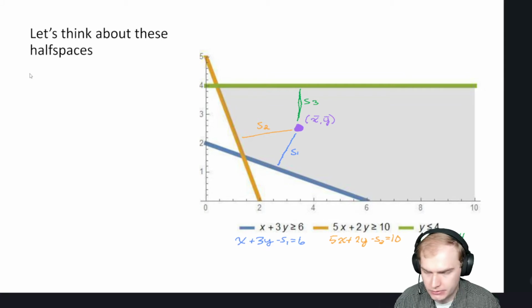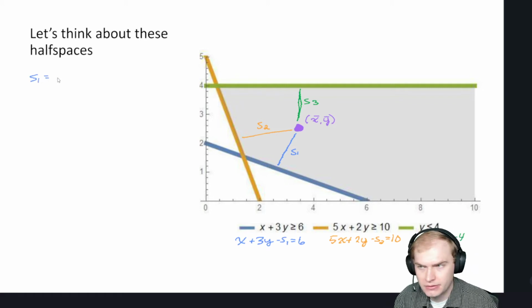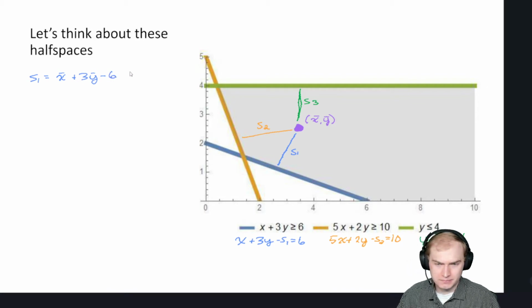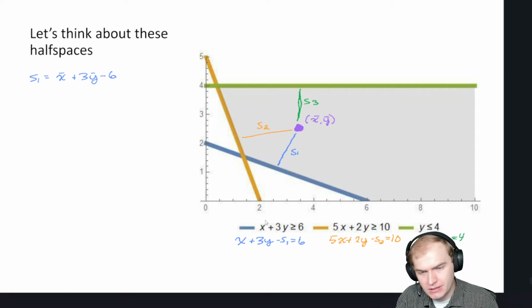So if we solve for S1, we get x bar plus 3y bar minus 6. Which is the distance, in quotation marks. It is a distance, but it's not necessarily the same unit of distance between different constraints.